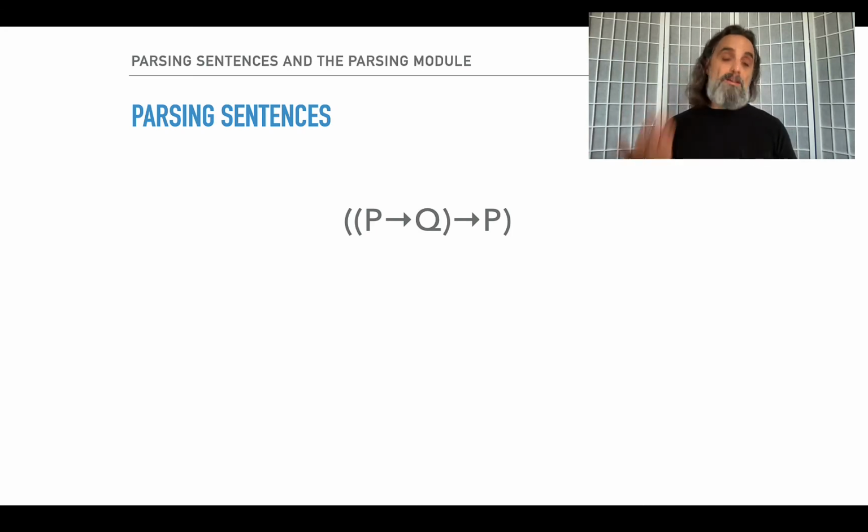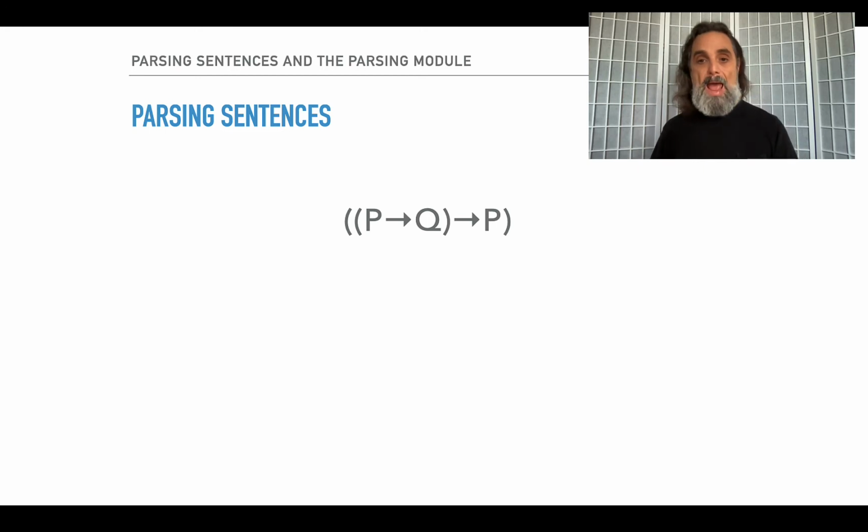If you're given a parsing tree, with a sentence at the top, then you know: okay, I've got a sentence, there it is at the top, and here's how it was built up. But if you're just given a sentence, you can reconstruct that tree. You could start with the top and ask, how was this built up?